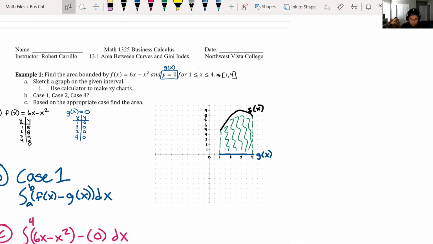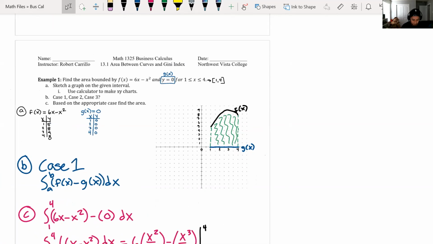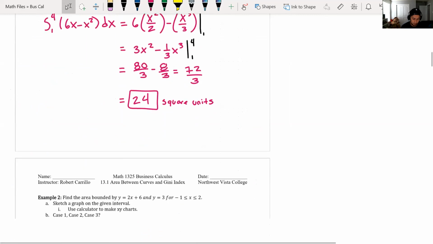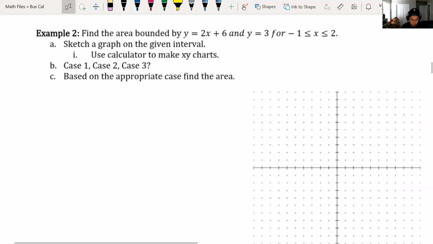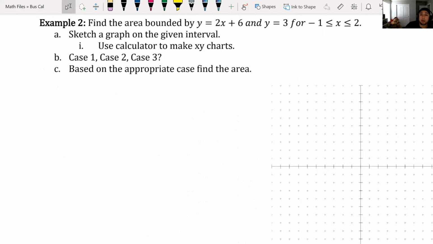All right, let's do it again. Number 2. Find the area bounded by y equals 2x plus 6 and y equals 3.